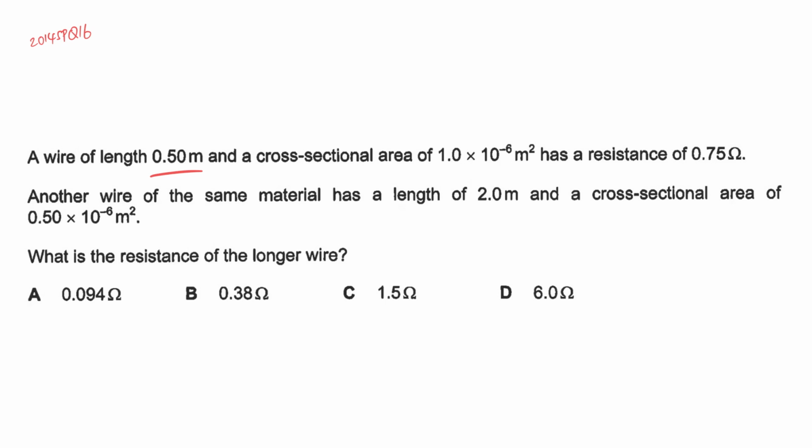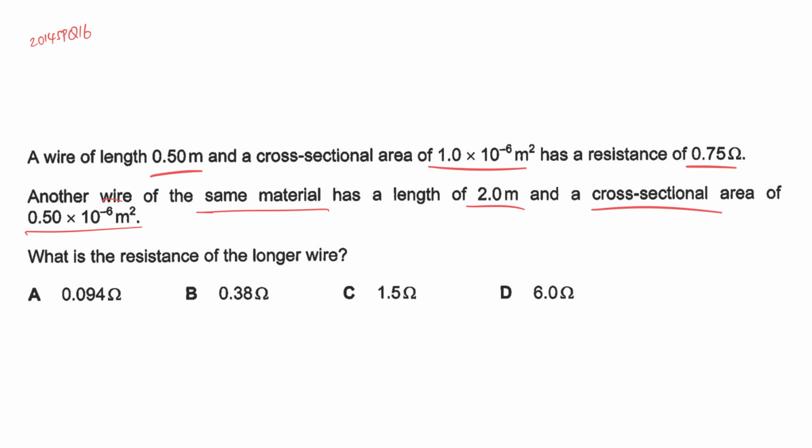So a wire of length 0.5 meter, cross-sectional area of 1 times 10 to the power of minus 6, has a resistance of 0.75. Another wire, same material, is 2.0 meters now, longer by 4 times, and the cross-sectional area is 0.5 times 10 to the power of minus 6. So the area is actually half.